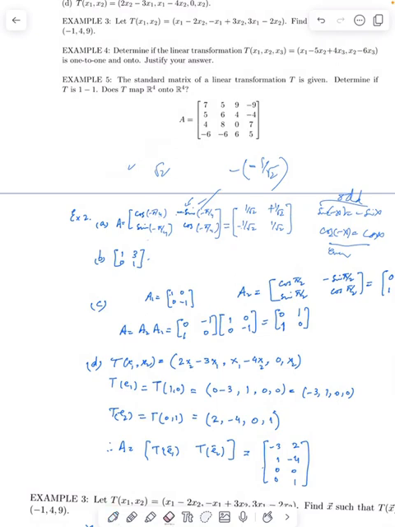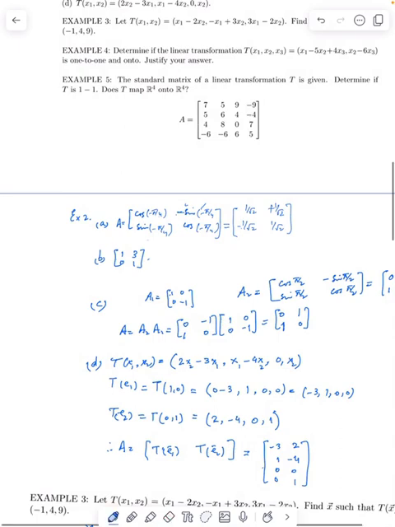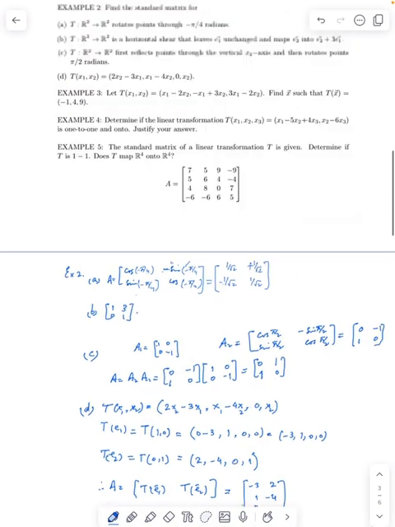Looking at the next example, let me first erase this. Okay, so next we are going to look at part B. What is part B asking?